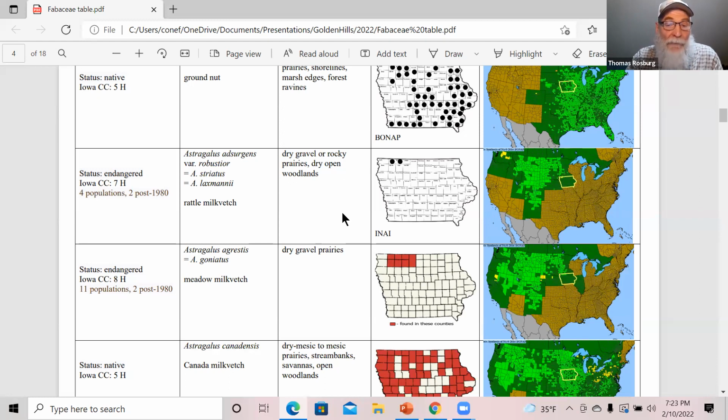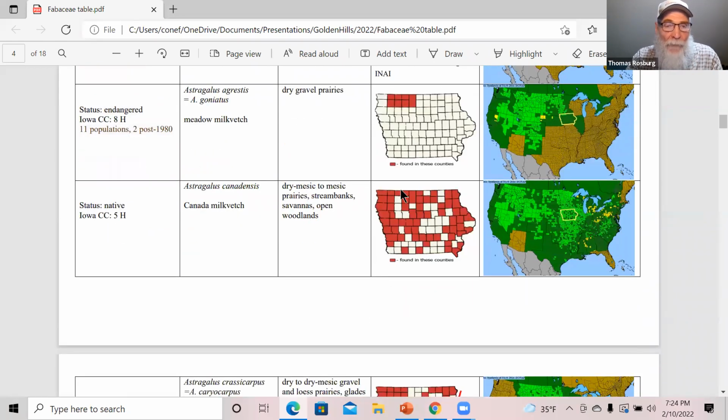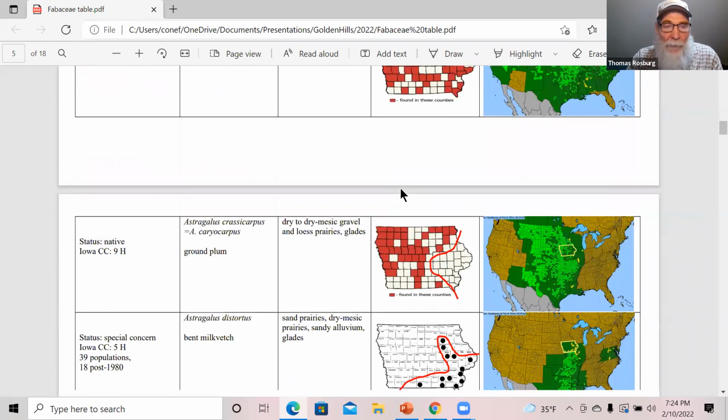In the Iowa Natural Areas Inventory database, there's only 4 known populations, and only 2 of them have observations that have occurred since 1980. So that tells you that this species is pretty close to probably being gone. We can't say it is yet, but getting there. So that's what you're going to find here, all of that good information.